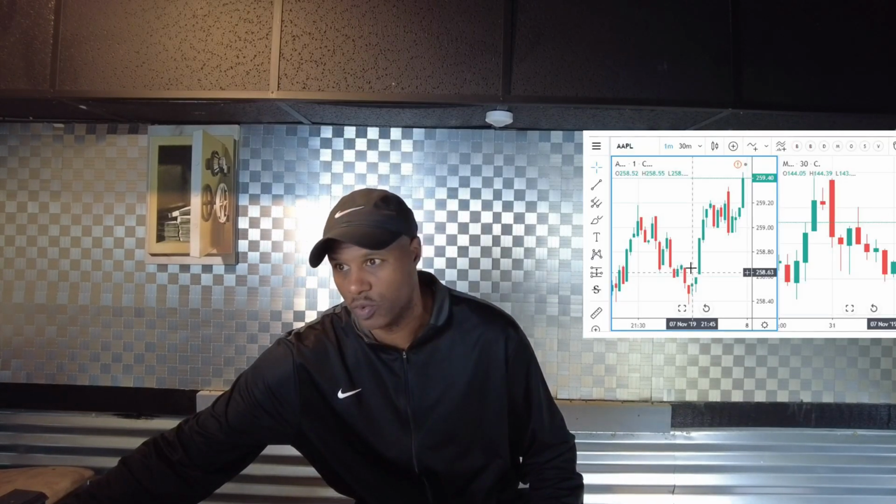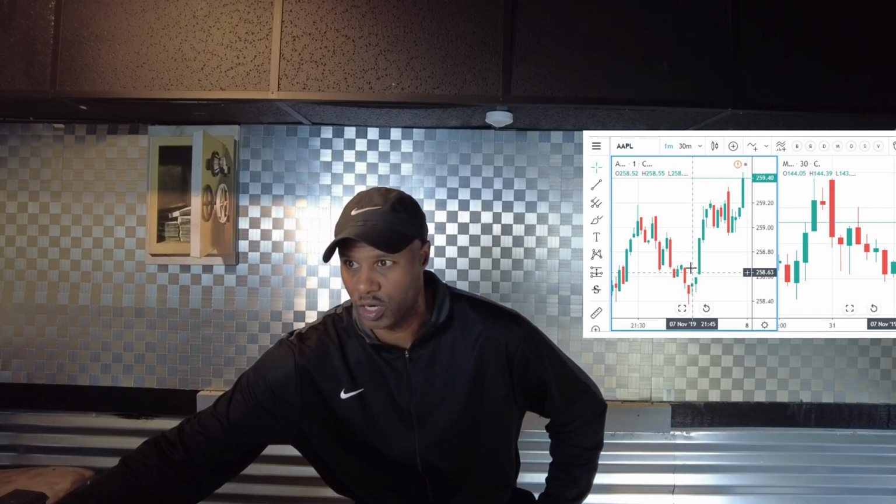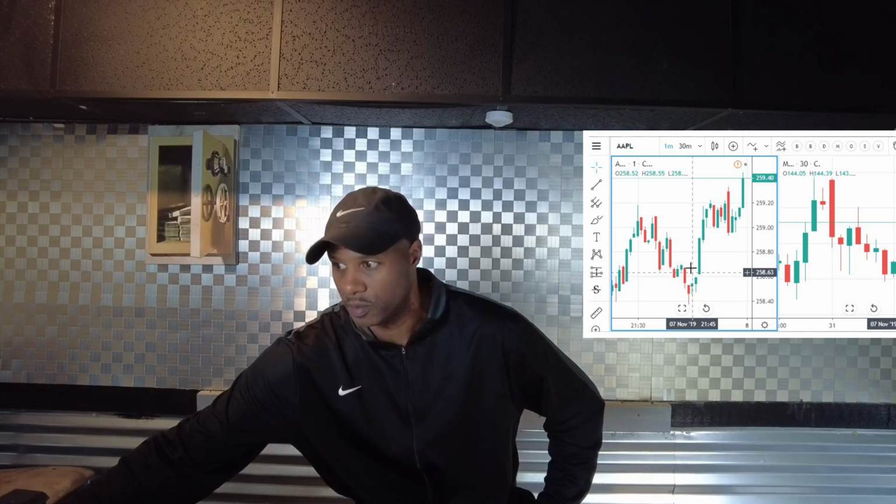I'll try to pin the link to the free version in the comment area so you can start playing around. TradingView is a very powerful tool, but you want to keep it simple. Just pull up a regular line chart and start playing around with support and resistance.